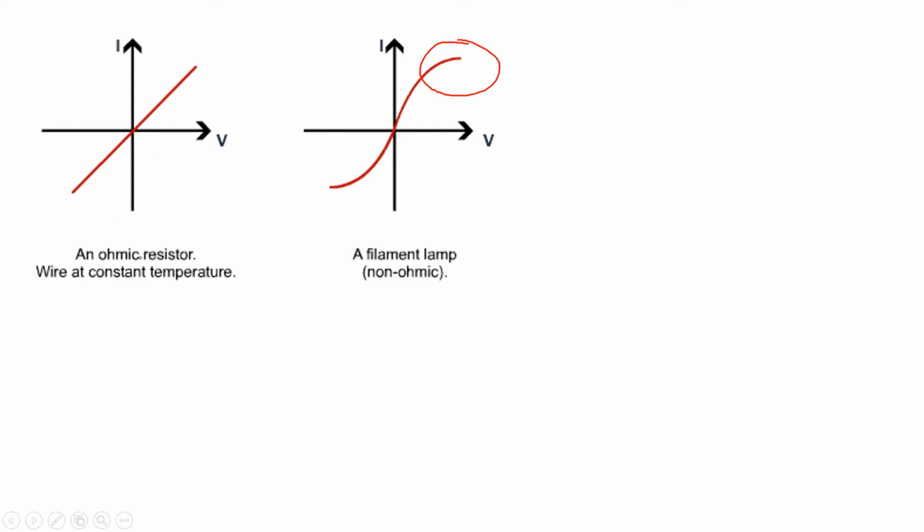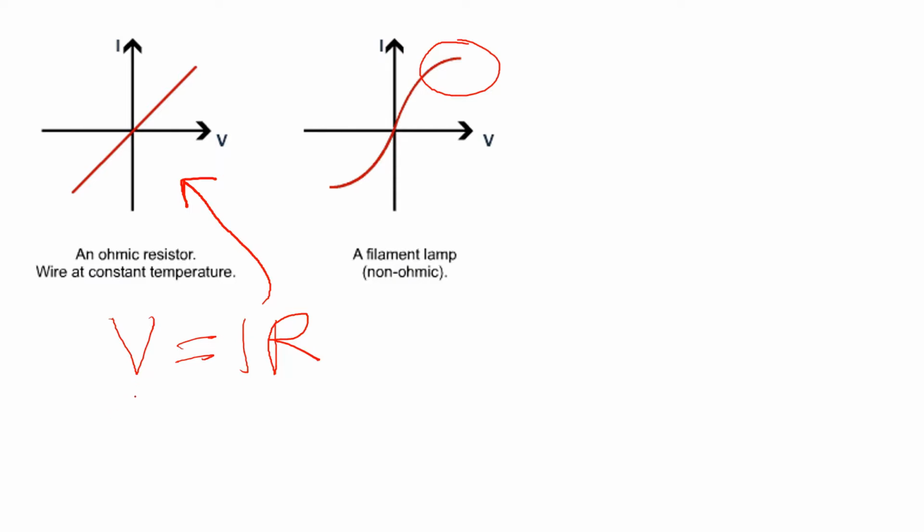Here, because it's a straight line, we can say that V is equal to I times R. So in this case, the resistance stays the same and the current will increase as you increase voltage.